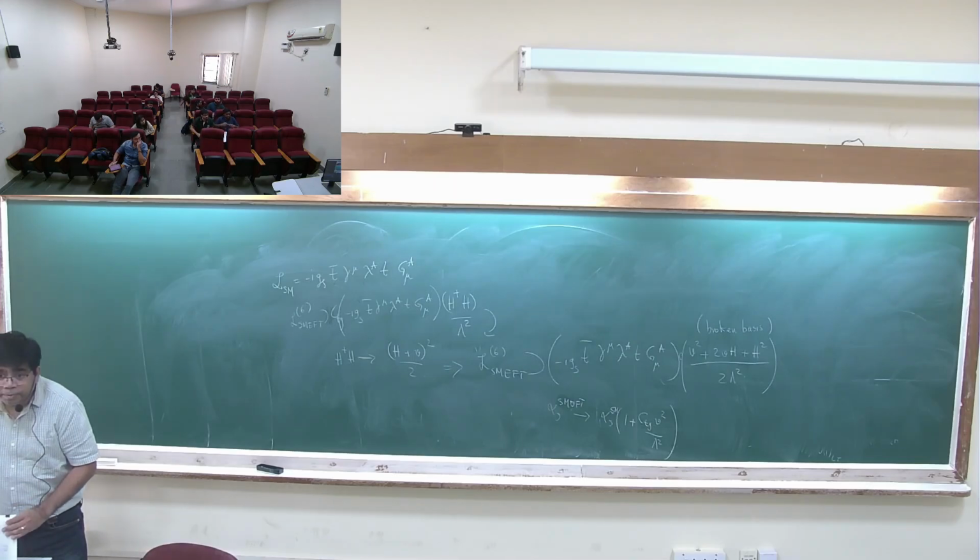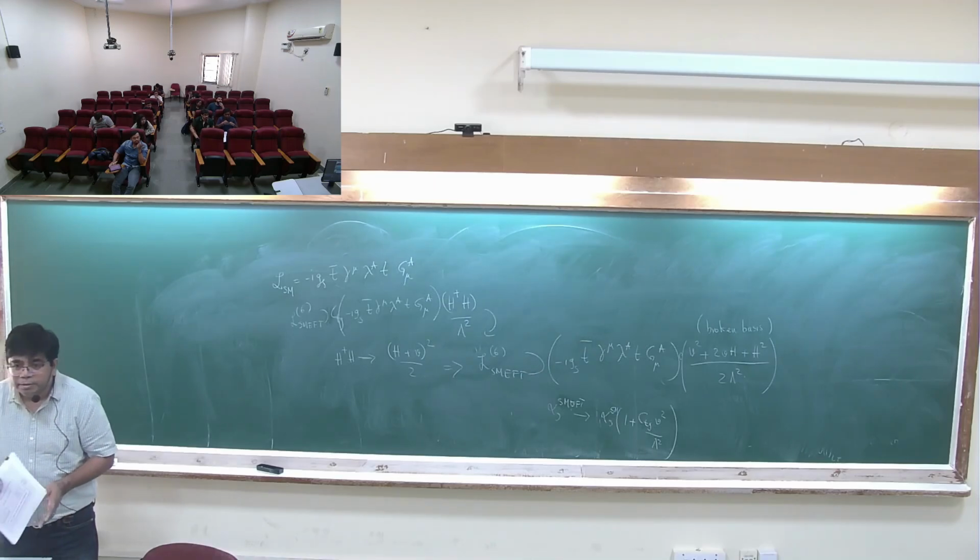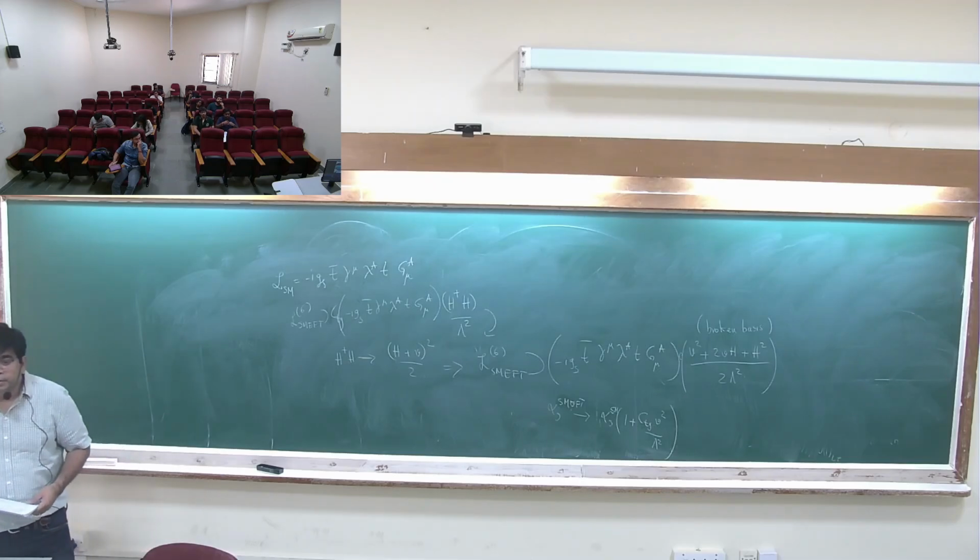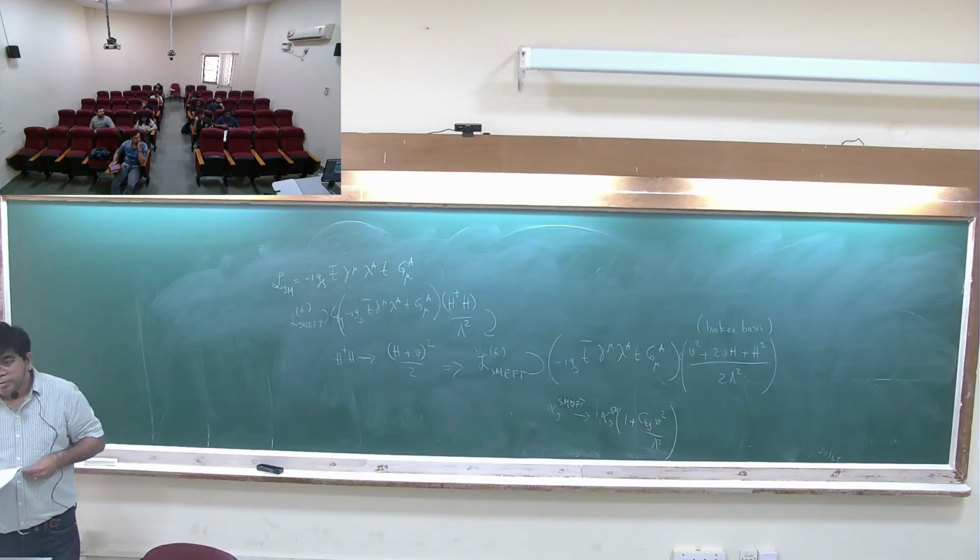Alpha S you measure in various places: e plus e minus colliders, I think in the first few classes. So e plus e minus, low energy neutrino scattering, wherever there is a gluon contribution. There are various hadron collisions also, but we need ep collisions mostly.